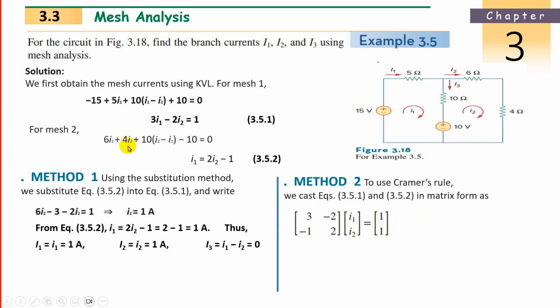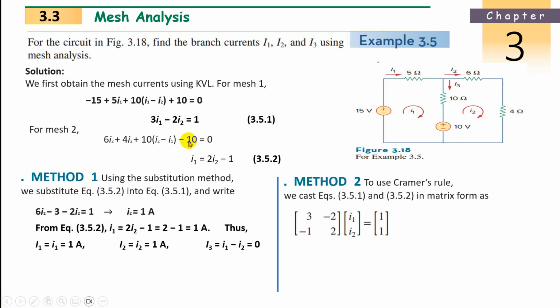Matrix form. Now substitute 3 minus 2 here. Next, 1 minus 2 here. Minus 1 is taken to this side and I1 is taken to this side, so minus 1 and plus 2. Check the sign here: he is moving this minus 1 to the other side and I1 to this side.